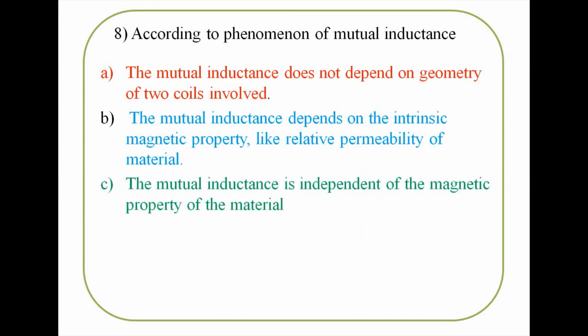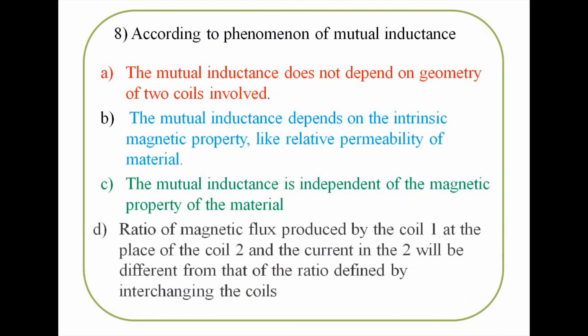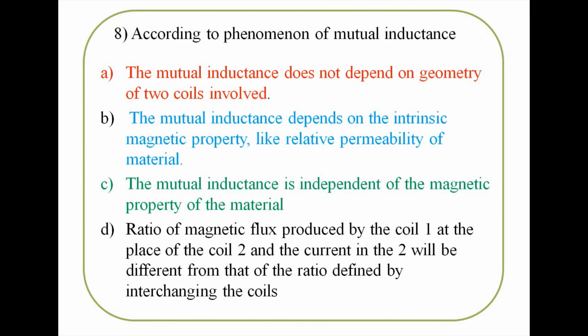Option C is mutual inductance is independent of the magnetic property of the material. And option D is the ratio of magnetic flux produced by coil first at the place of coil second and the current in the first will be different from that of the ratio defined by interchanging the coils.